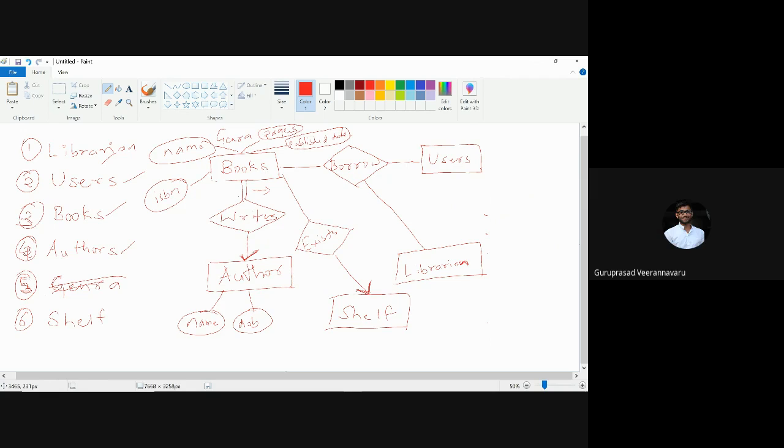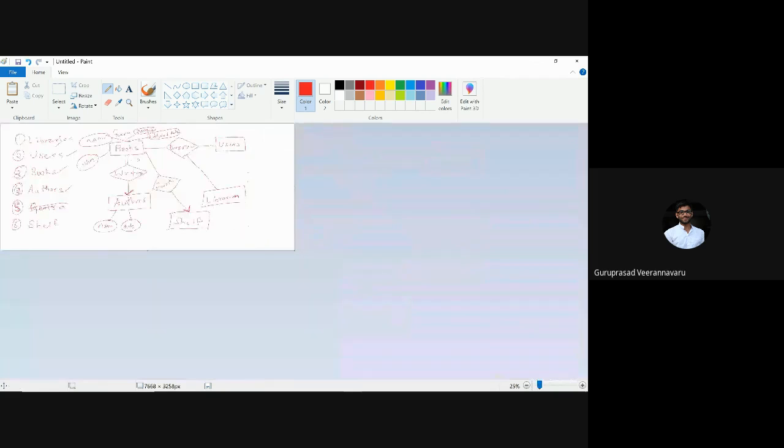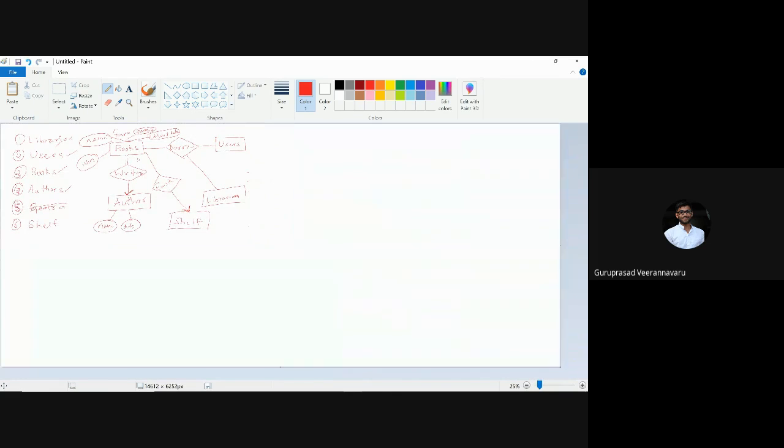So if you have to convert this into tables now, how will we do it? Let's say books is one table. Author is one table. Then you have shelf, which is one more table.